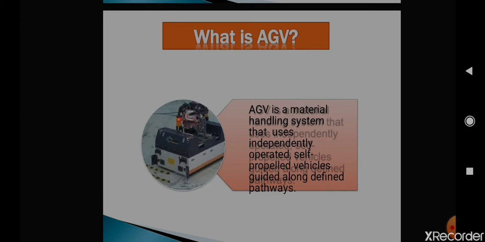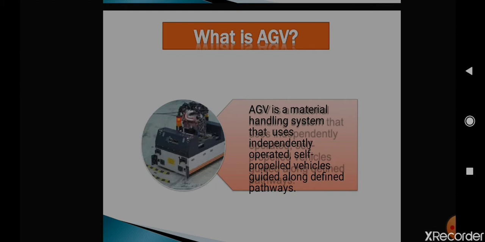AGV is a material handling system that uses independently operated self-propelled vehicles guided along defined pathways. See here the vehicles you can see in the image. The vehicles will be very small, and on this you can keep the components to be carried from one place to the other place.